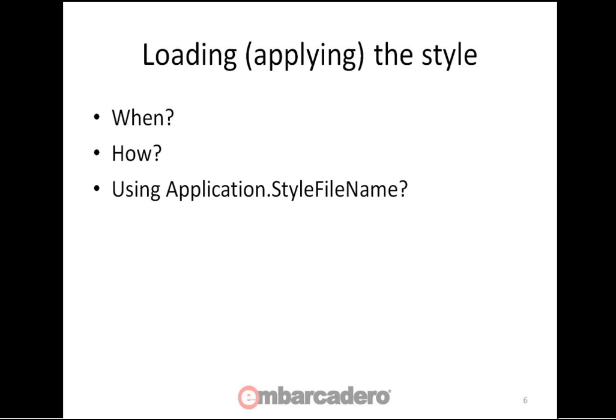If the application already has the style loaded from the external file, it will be used. If not, the application loads the default style from the application resources. And then the required style, for example, for a button, will be found in this loaded style. And now we have found the appropriate container.